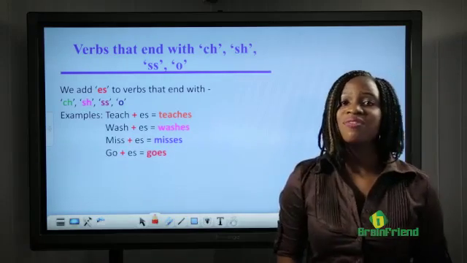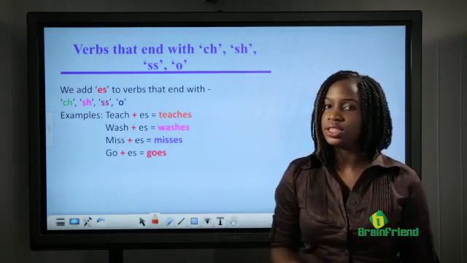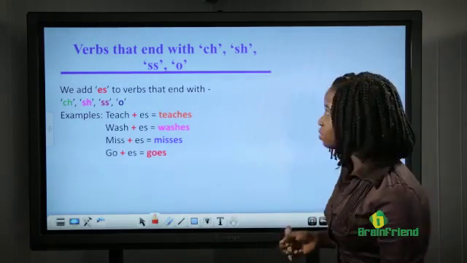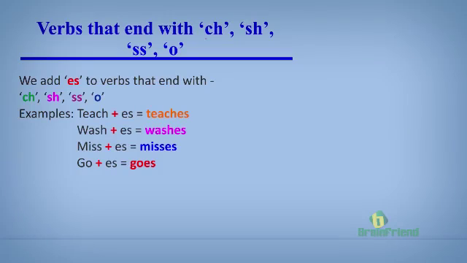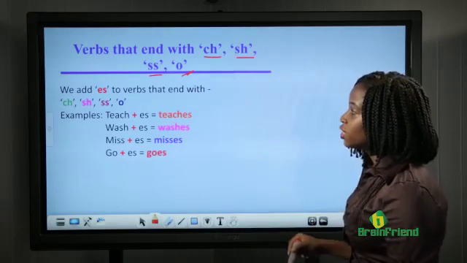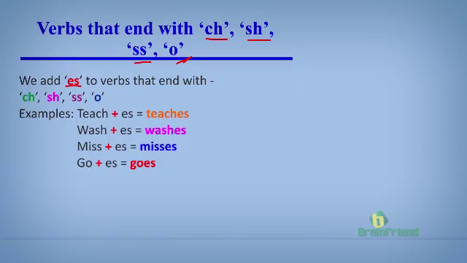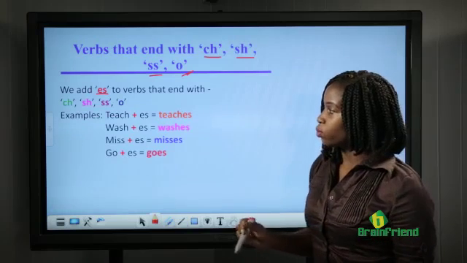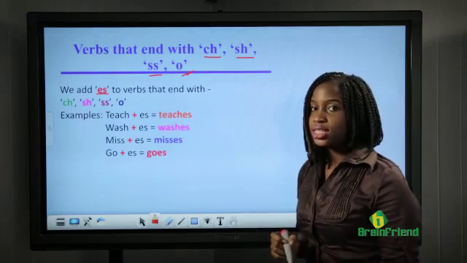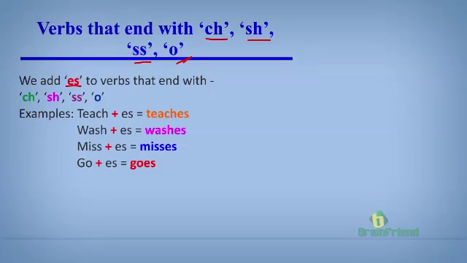Now we also have these other very special verbs, and they are verbs that end with CH, SH, double S, and O. When we want to use these verbs, we add ES to them. For example, teach. Teach ends with CH, as you can see.